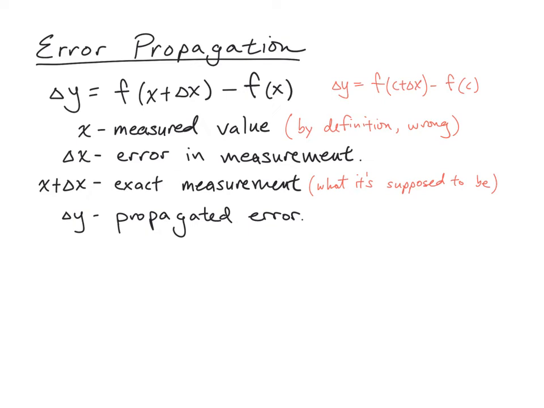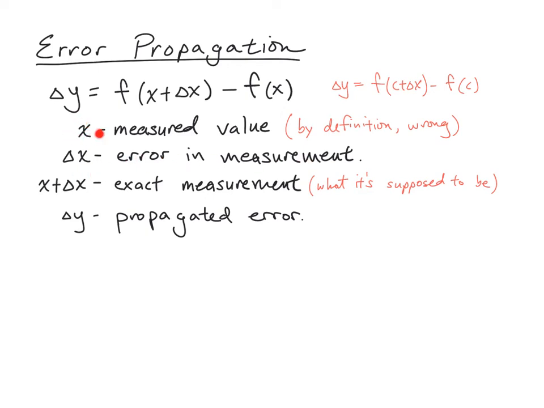So with this, we have f of x plus delta x minus f of x, where x we would say is the measured value. Because when we humans measure things, we by definition get it wrong. There is some assumption of error when we measure things. So what we do then is we add to that some small value of error in measurement.